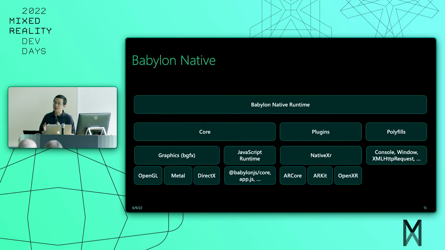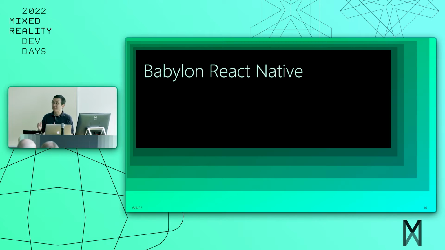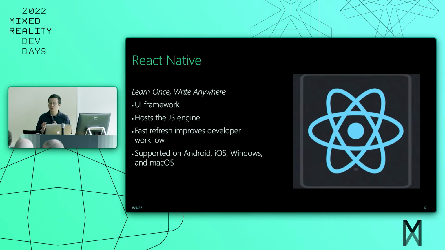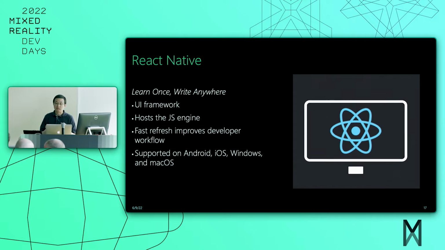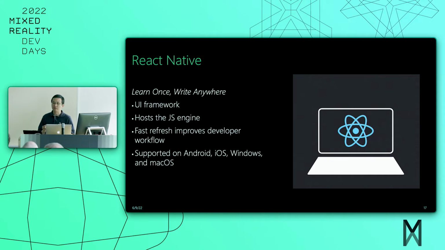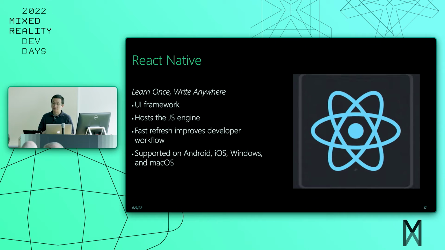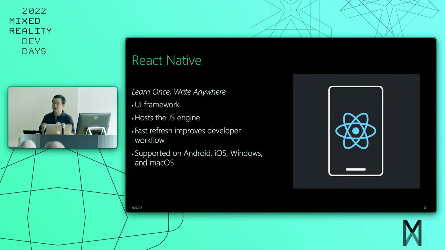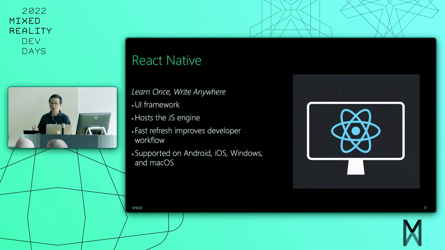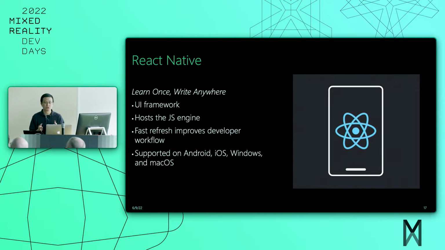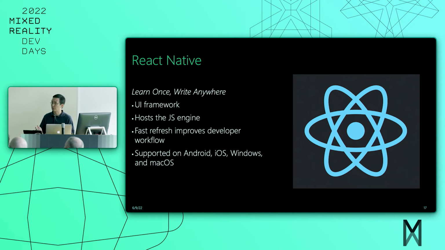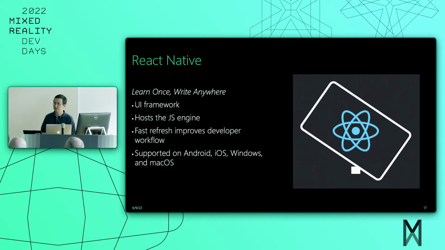But before we talk about Babylon React Native, in case you haven't heard of React Native before, I'm going to give a quick overview. React Native is created and maintained by Facebook, now Meta, as a native counterpart to the React library, which is used for building UI. It can host the JavaScript engine, for example, JavaScript Core, V8, or Hermes.